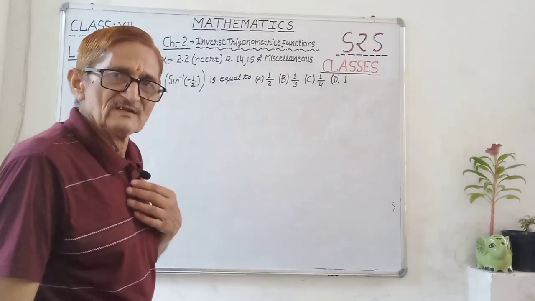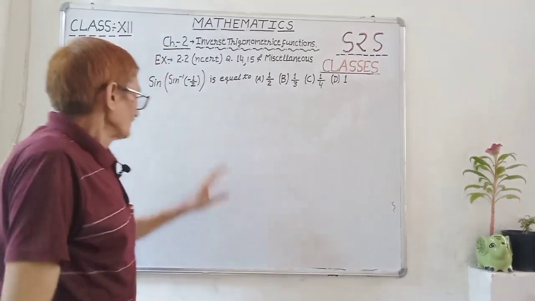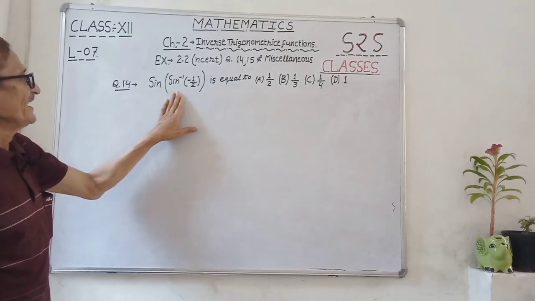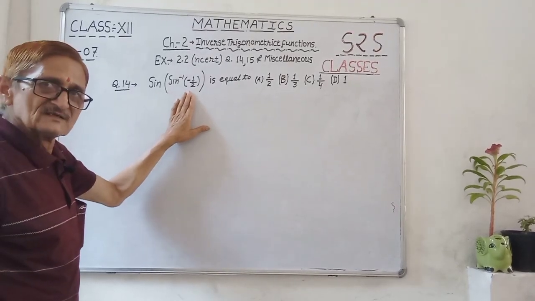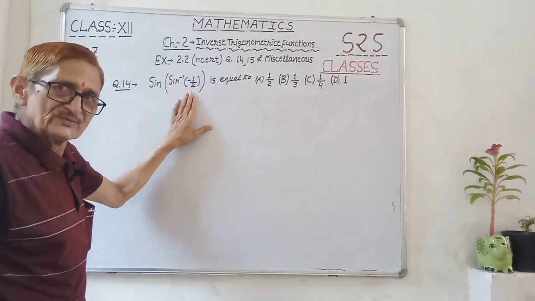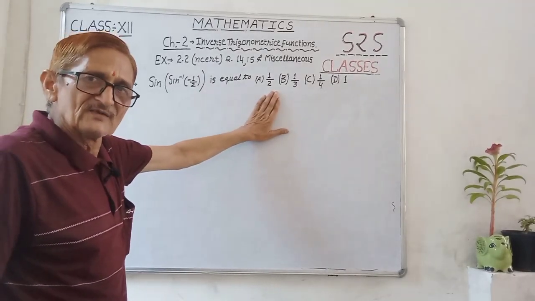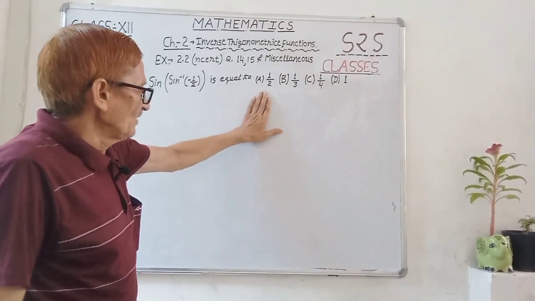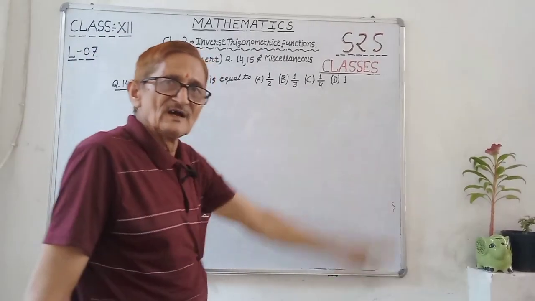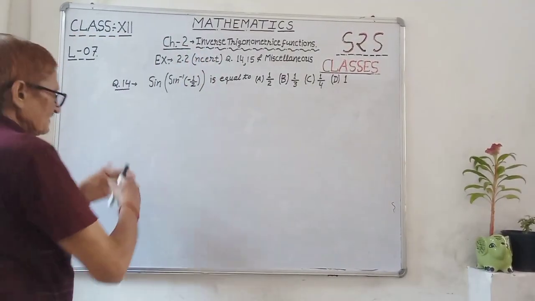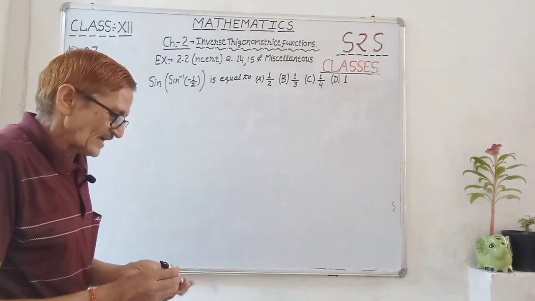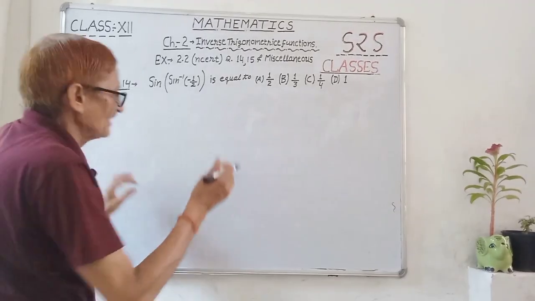Question 14 is sine inverse of minus 1 upon 2, the value of this is equal to. These are option questions, so options A, B, C, D are given. We have to solve it and then see which option is correct.